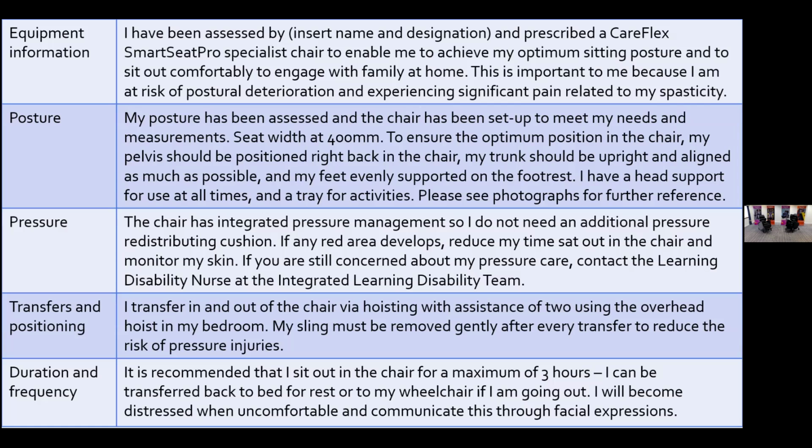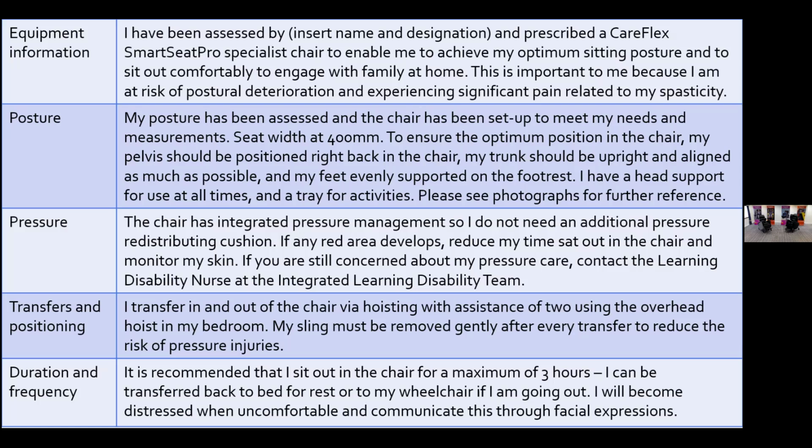So what we're looking at is things like the equipment information, of course, the first part we said. So we might be saying something like, I have been assessed by, and insert the name and designation of the clinician, and prescribed a CareFlex Smart Seat Pro specialist chair to enable me to achieve my optimum sitting posture and to sit out comfortably to engage with family at home.